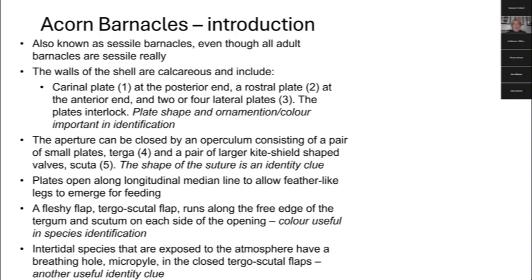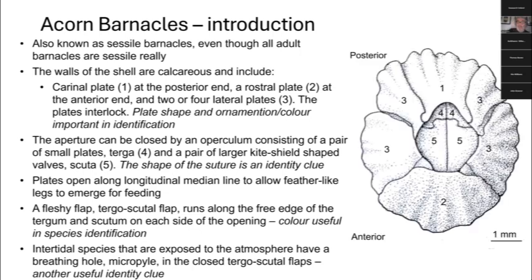The walls of the shell are calcareous, and they include a carinal plate, which is plate number 1 in that little diagram on the right. And plate number 1, as you'll notice from the labeling, is at the posterior end of the animal. It took me a little while to get my own head around this, actually, that what I thought was the front of the animal is in fact its rear end.